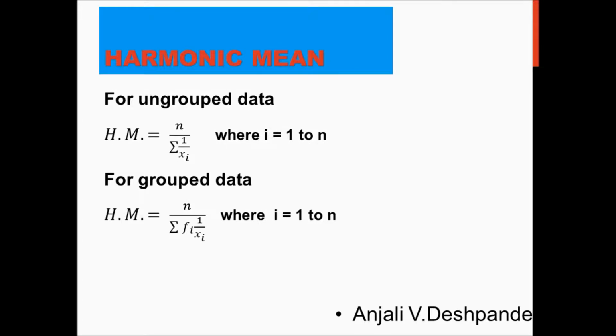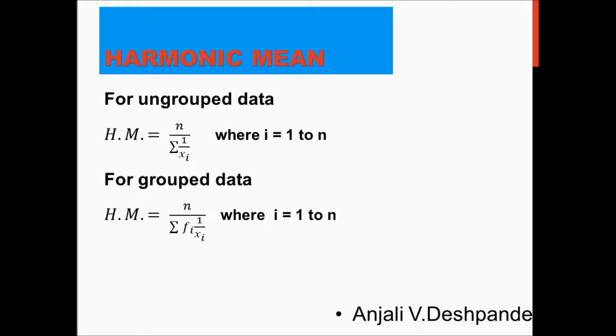Now we are going to see the third type of mean, which is called the harmonic mean. Once again we have two situations, one for the grouped data and one for the ungrouped data.